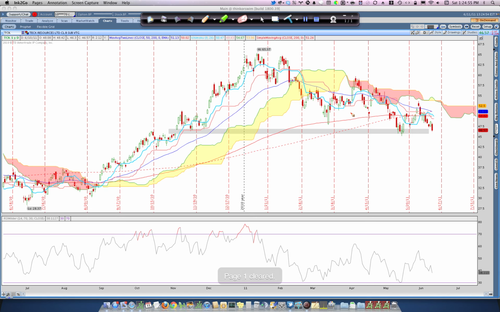If price is below the cloud and we get a cross, we don't really have a bearish cross happening below the cloud, but if we had price below and a cross below, that would be a strong bearish signal because both are occurring below. So we don't have any strong bearish signals happening here because this is actually a bullish signal, but since it's below the cloud, it's considered mildly bullish.